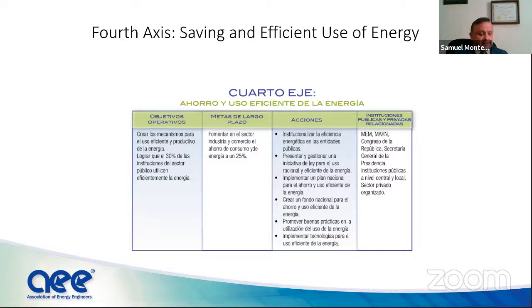The long-term goals encourage 20% reduction in consumption and energy saving in the industrial and commercial sector. In other words, in the private sector.